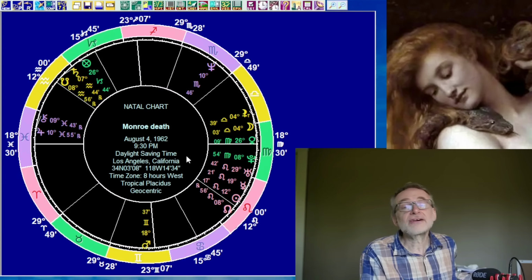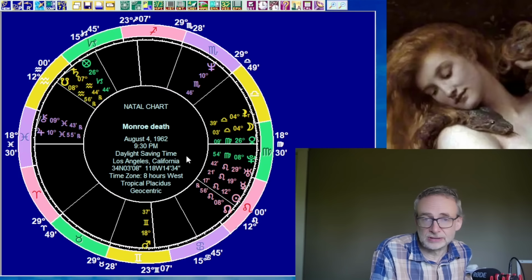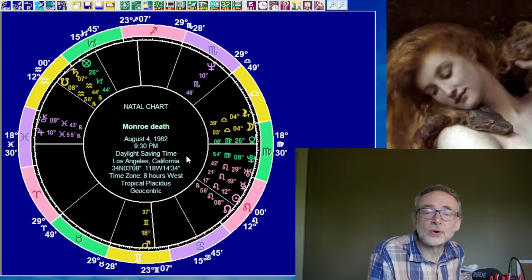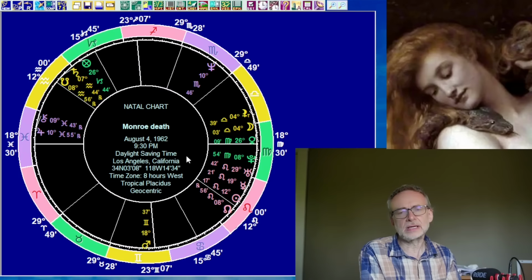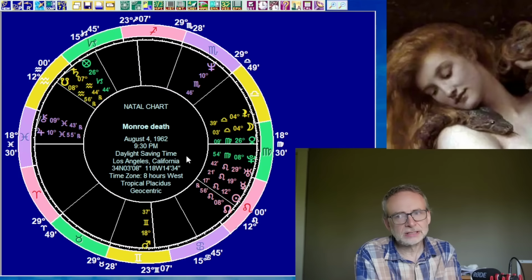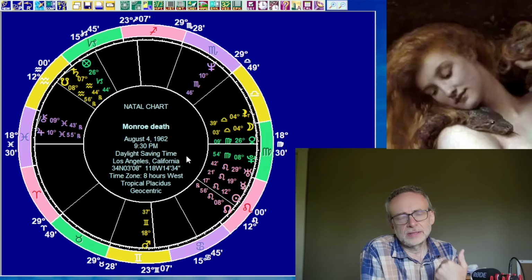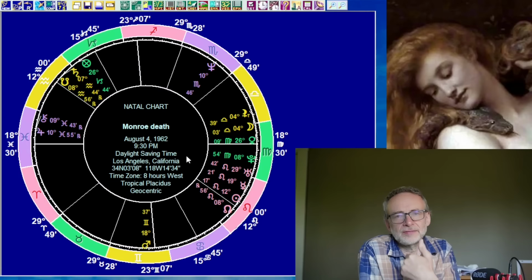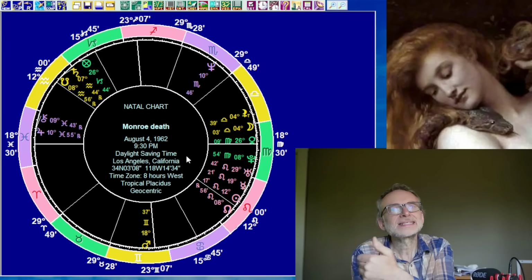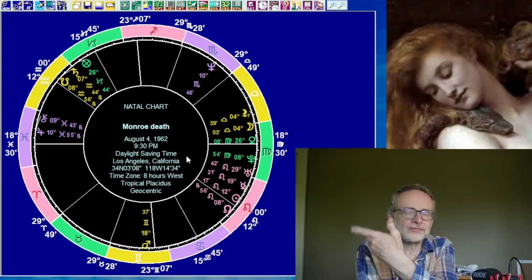As with Sharon Tate, Marilyn Monroe also died on the Moon-Lilith conjunction, i.e. she died when the moon was at apogee, at its furthest point from the Earth. Perhaps with Marilyn Monroe and Sharon Tate, particularly Marilyn Monroe because she was such an icon, something is being taken away. The moon is at its furthest point from the Earth.